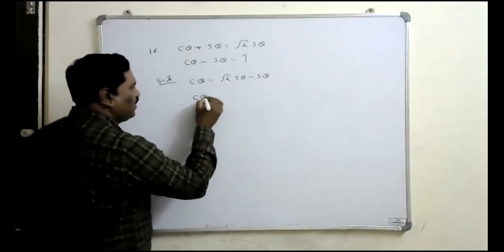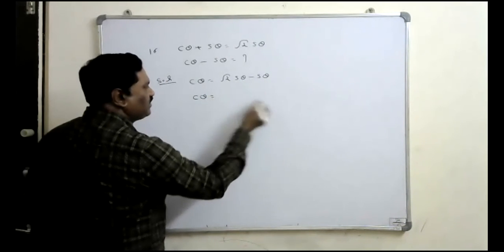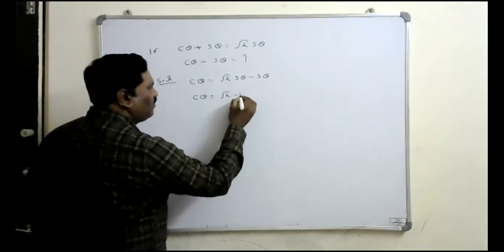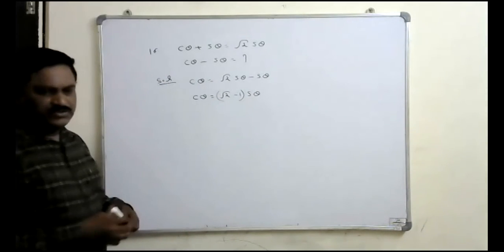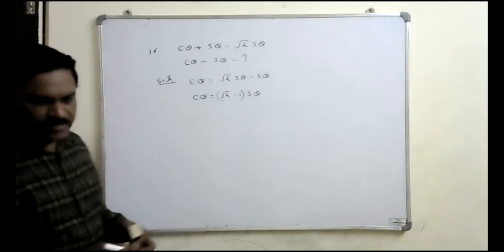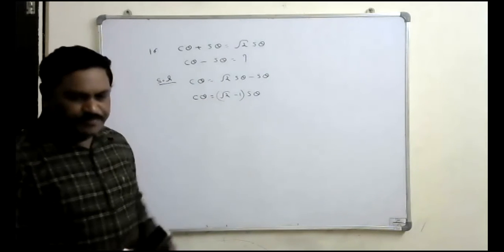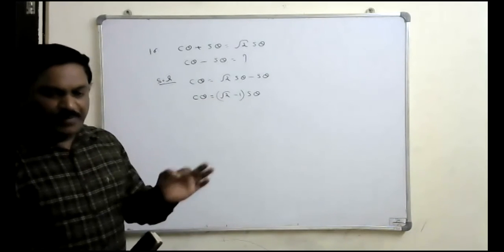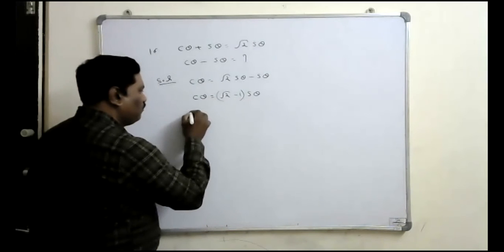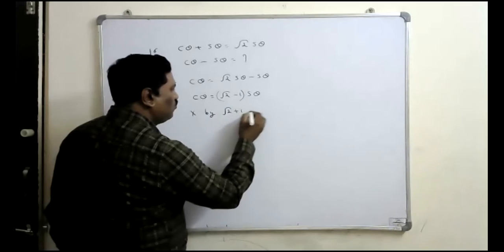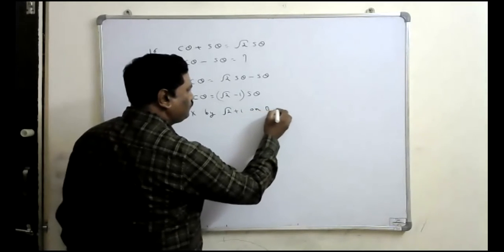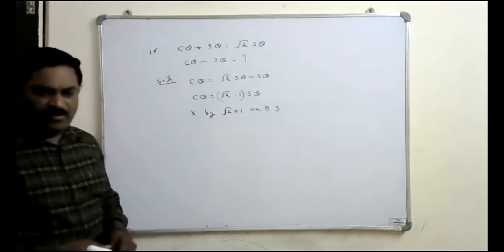That means cos theta is equal to, taking sin theta common, root 2 minus 1 into sin theta. Now on both sides, multiply by root 2 plus 1.